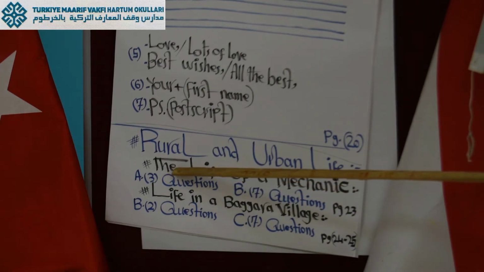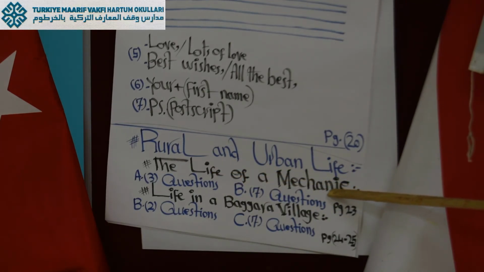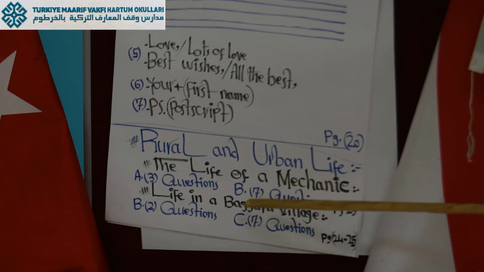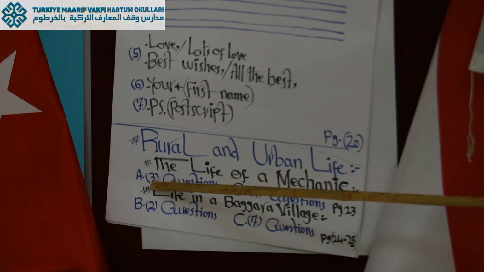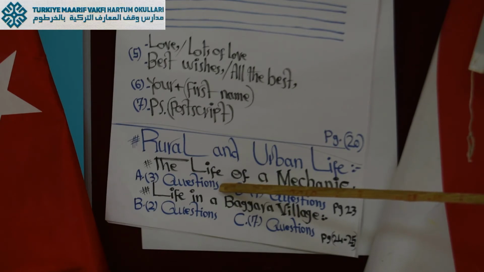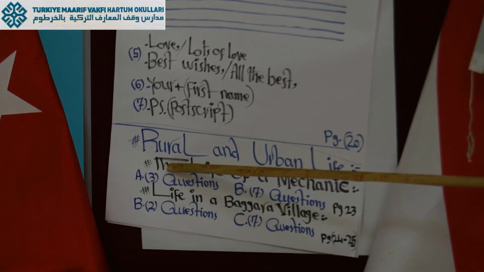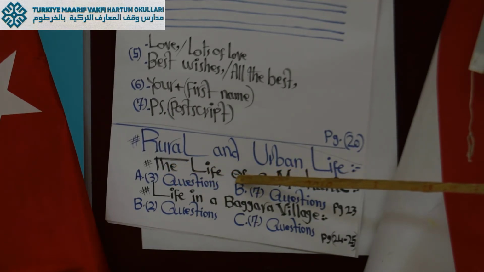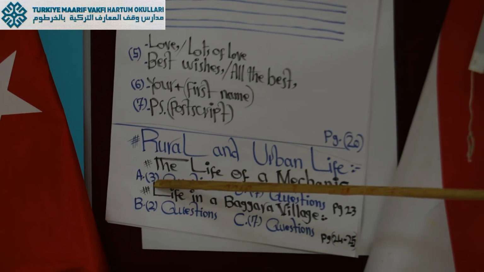Read the passage about the life of a mechanic carefully, then answer the following questions. I have questions in group A, only 3 questions. Answer them clearly after you read that passage carefully. On top of every paragraph, we find a question, and of course, all of them are 3 questions.